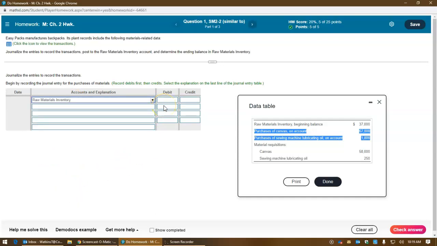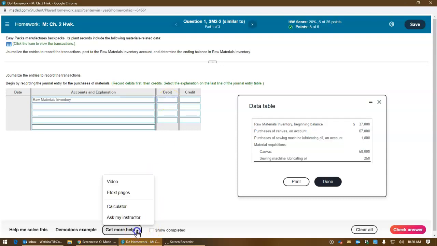You've got several different inventory accounts with job order costing, okay? Versus in 120 for merchandising companies, you only had one inventory account. That's because everything that we sold in 120, it was already made. In this class, managerial accounting, we're making the product that we're selling. So we need multiple inventory accounts.